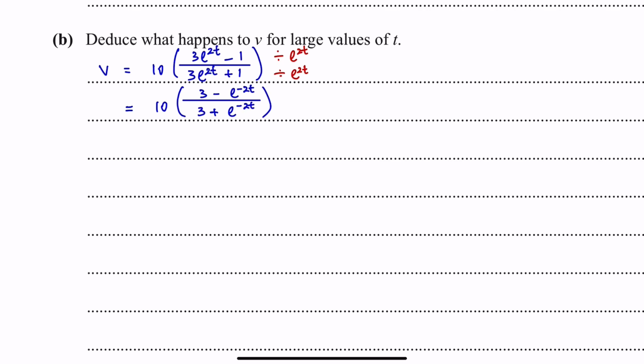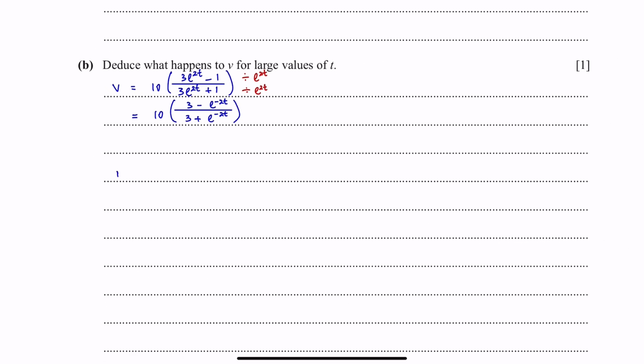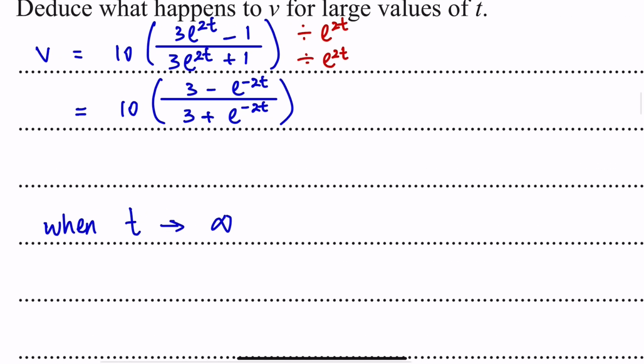And now we can see when t is approaching infinity, this would be 0, because 1 over e to the 2t, when t is approaching infinity, we have 1 over infinity, right?